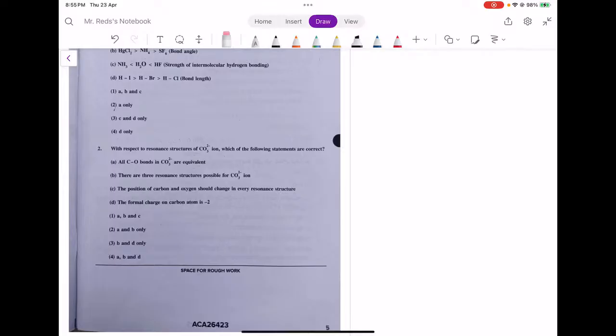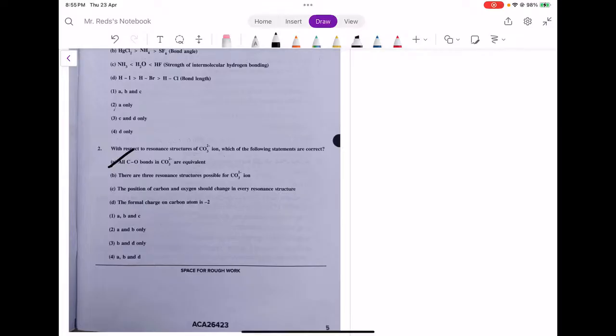Taking the first option, all C-O bonds in CO3 2- are equivalent. Taking the resonance hybrid structure of carbonate ion, all bonds are equivalent.